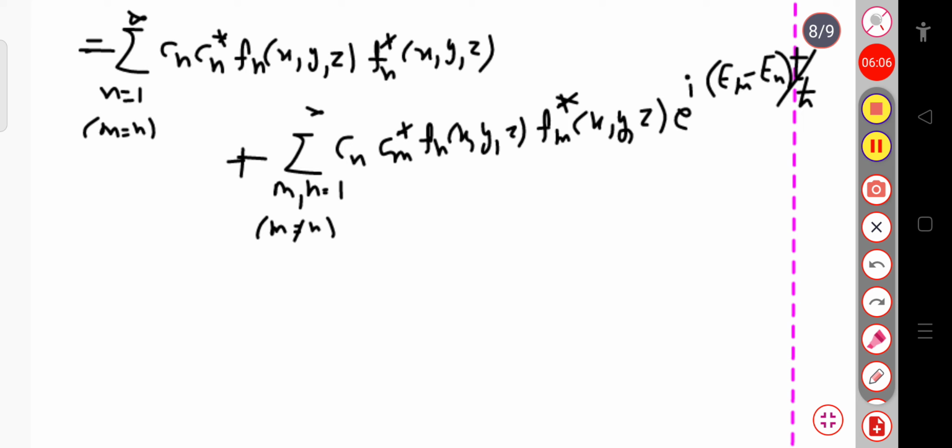From one term this is minus iota En, and from the other this is plus iota Em, so combiningly we write iota (Em minus En) t divided by h cut. In the second term m equal to n is excluded, so the sum runs from m, n equal to 1 to infinity where m is not equal to n. This is called the probability distribution function of the stationary state solution.